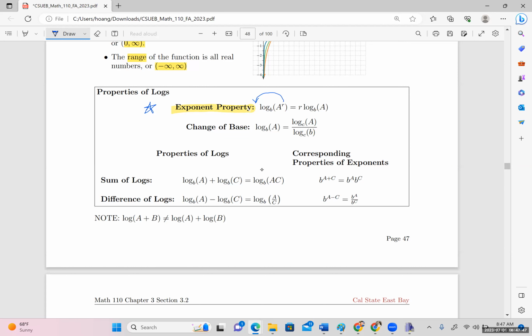And that gives us an idea for solving exponential equations by this rule. We can use this property to solve exponential equations.